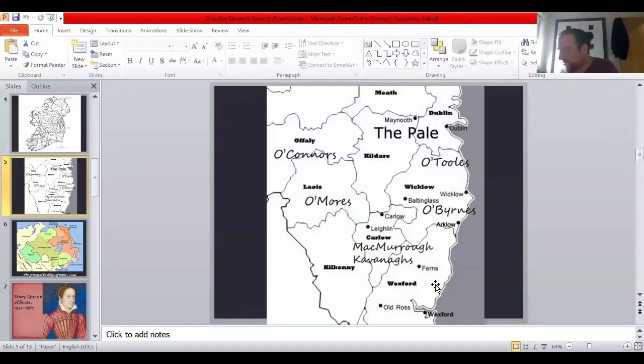Now, I'll get to the Scottish dimension of this in a minute, but just to show how the jump occurs between, say, 1536 and 1546, and how the attention shifts from this region in South Leinster towards the O'Connors and the O'Moores.